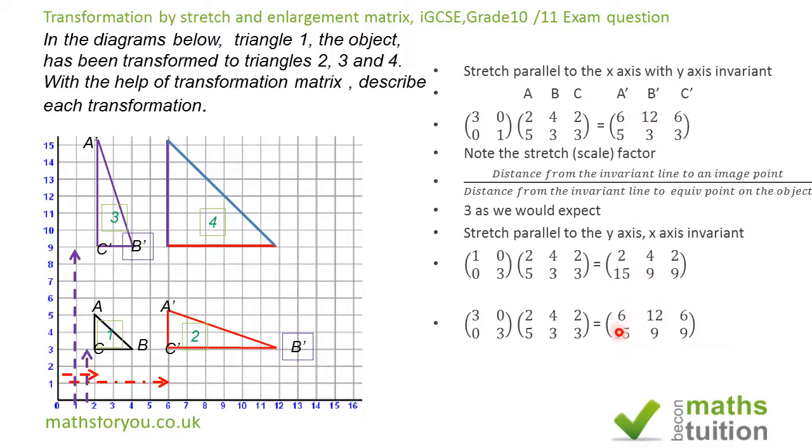Similarly, the y coordinates will be the same as for the transformation by stretch parallel to the y-axis. So in effect, 1 to 4 is an enlargement with scale factor of 3, center of enlargement at 0, 0.